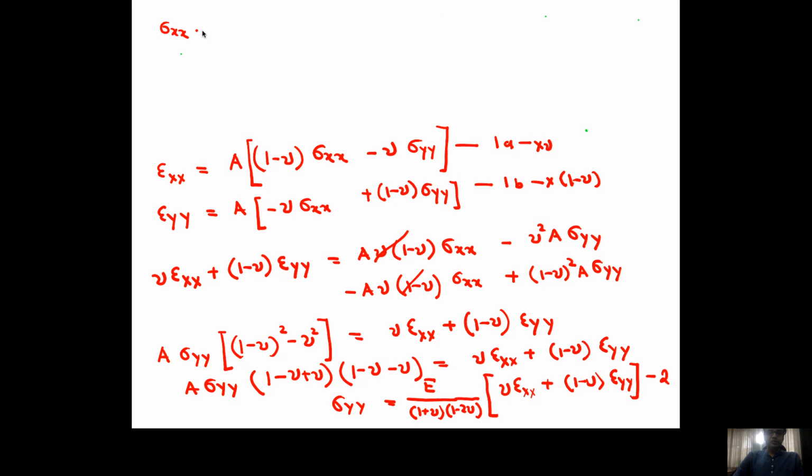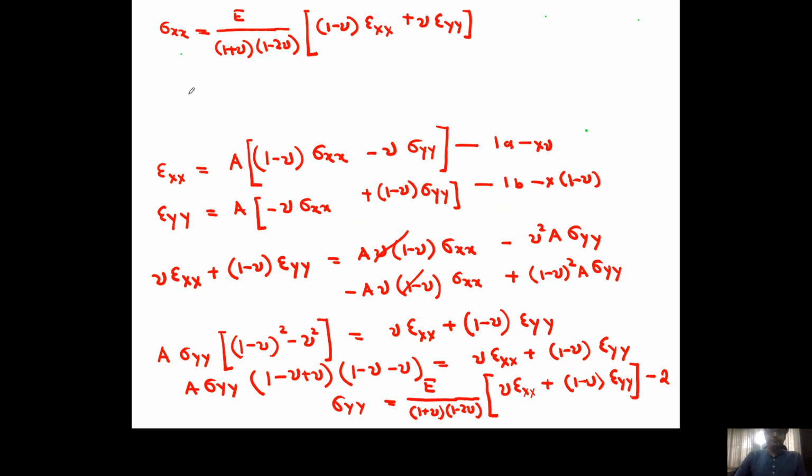Sigma xx is again E divided by 1 plus nu 1 minus 2 nu, and then it will be 1 minus nu epsilon xx plus nu epsilon yy, right?